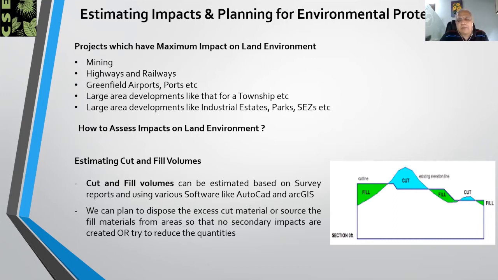For example, if we have a land surface which needs to be cut and leveled, there may be some cutting and filling required. Then there are techniques available, using either drone survey or plane table survey, for estimating the topography and contours of the entire site.